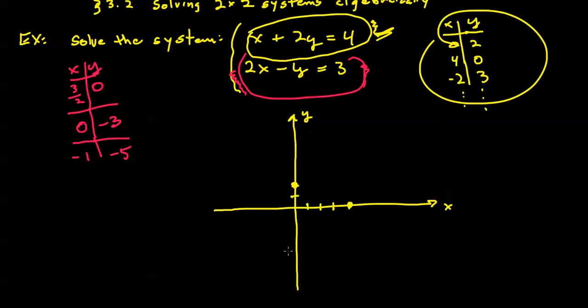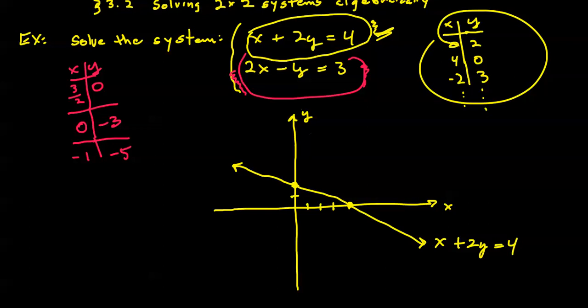And I'll just use 2 points to save time. Let me go ahead and connect those two dots then. And I get the graph of the line x plus 2y equals 4.